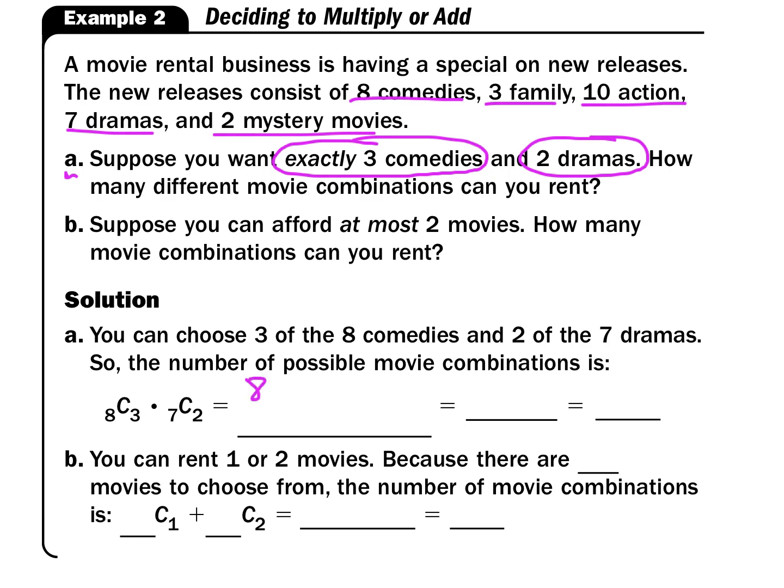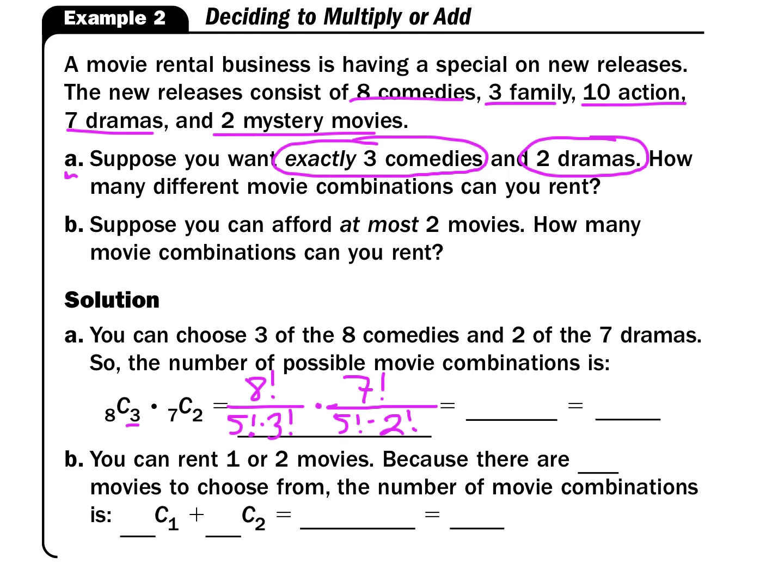So that would be 8 factorial over 8 minus 3, which is 5 factorial, times this 3 factorial again for my r number of times, times 7 factorial for my total number of dramas over 7 minus 2 factorial, which would be another 5 factorial, times 2 factorial for the number of dramas that I'm going to pick out.